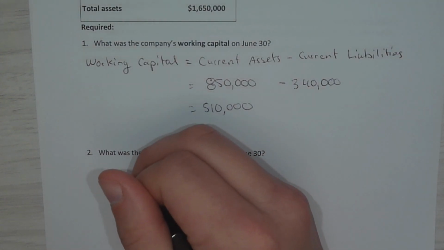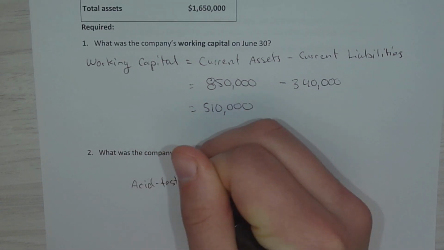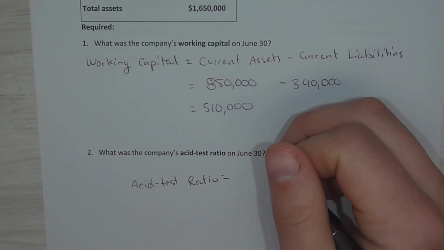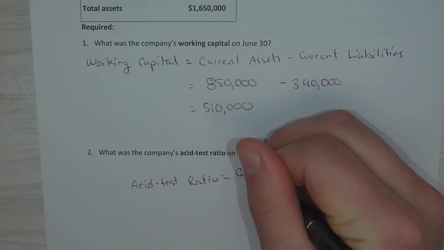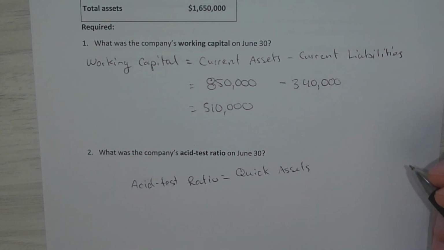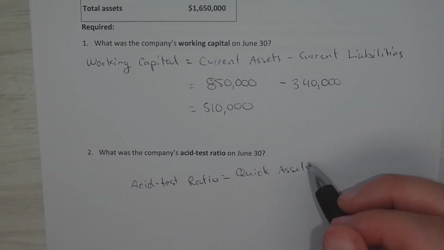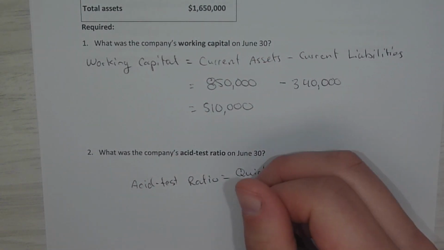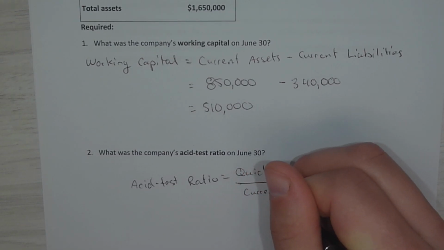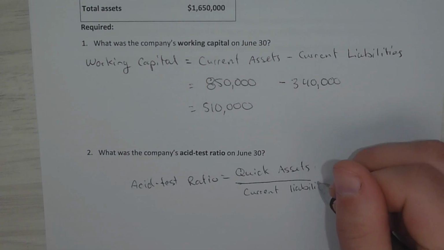So here, our acid test ratio is equal to our quick assets, which again is our current assets minus our inventory and prepaid, so essentially just our cash and AR, divided by our current liabilities.